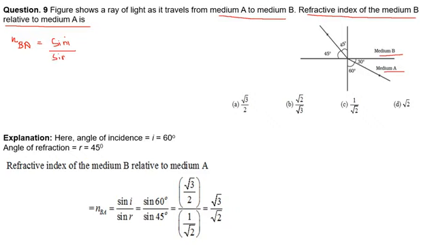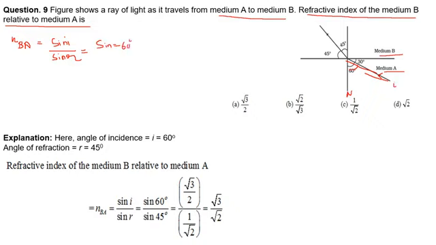Now what is sine i? Sine i is for the angle of incidence. If you see the ray very carefully, this is the angle between the normal and the incident ray. So this is my normal and this is my incident ray. The angle over here is 60, so I have to take sine 60, right?